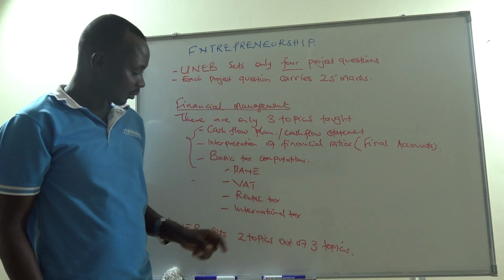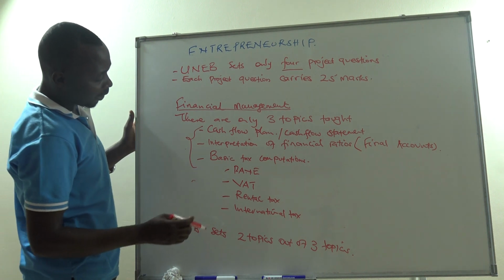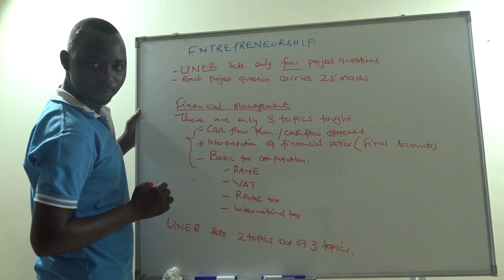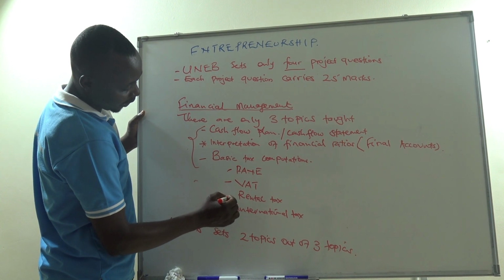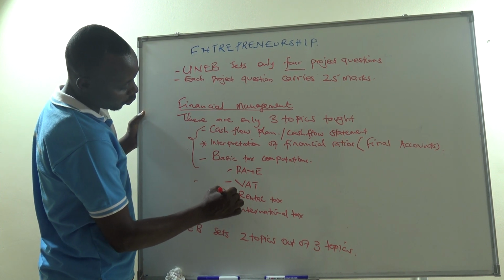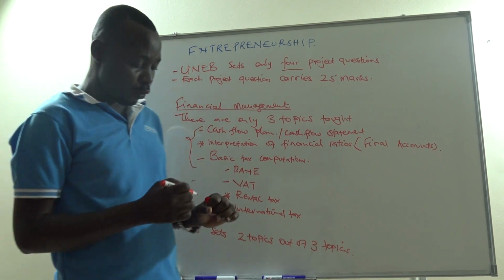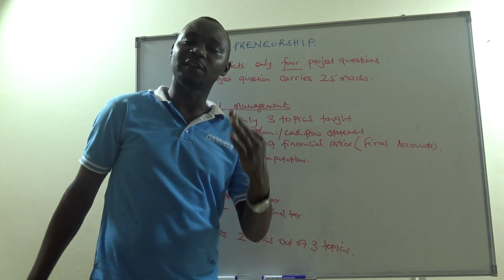Like here, UNEB picked the interpretation of financial ratios, and it also picked the taxes, that is rental income tax. Meaning, UNEB will pick 2 topics out of the 3.